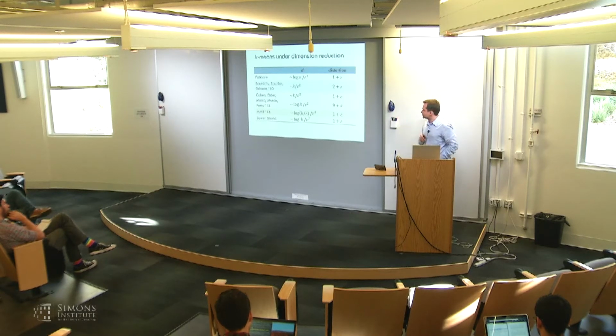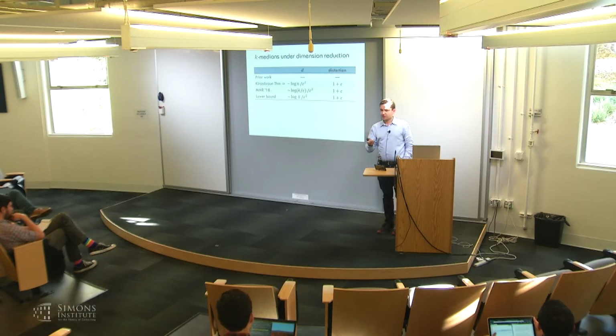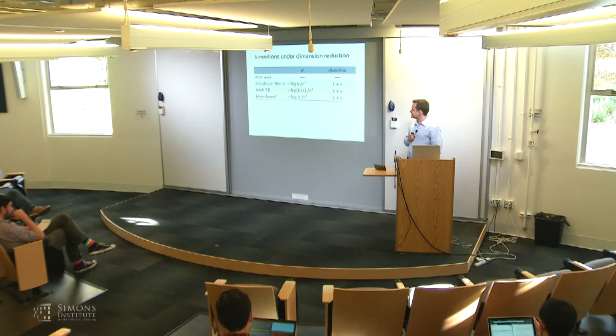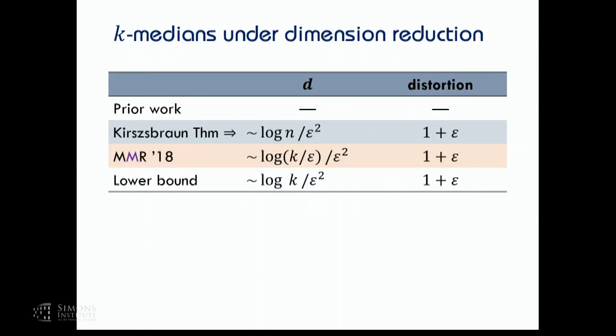Now let's talk about k-medians. So for k-medians, there were no prior results. Even in contrast to k-means, the log n bound is not obvious for k-medians.